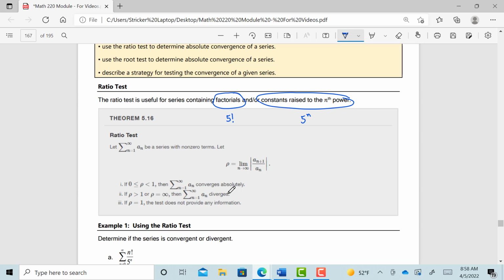Now, let's do a quick review of factorials. If you don't remember, 5 factorial is going to mean 5 times 4 times 3 times 2 times 1. So whatever that comes out to. 5 times 4 is 20.